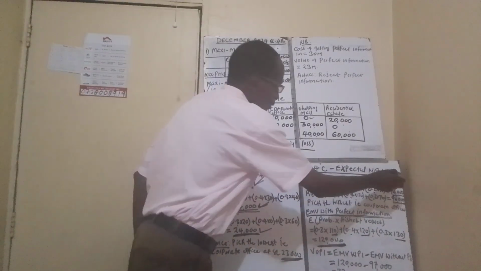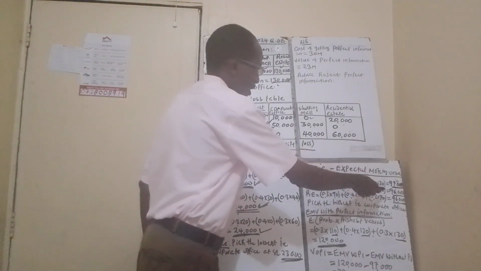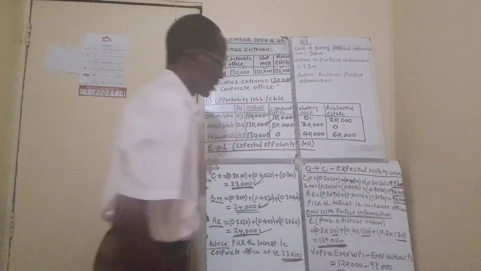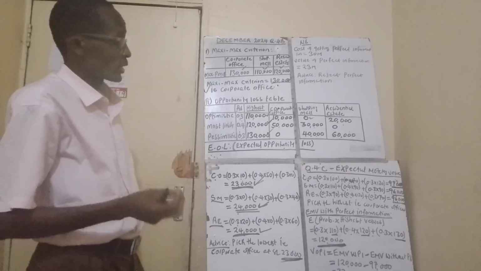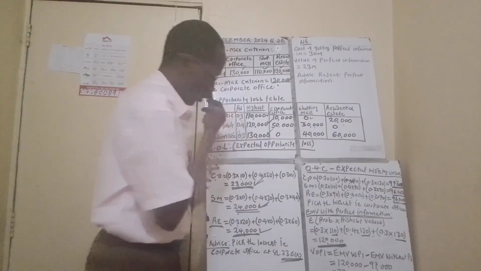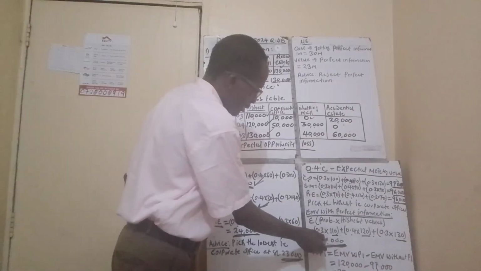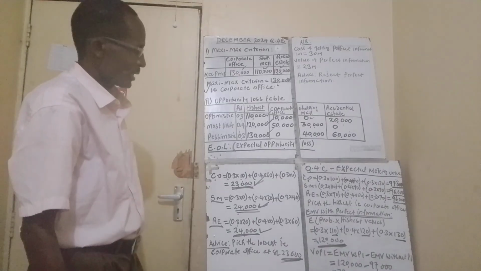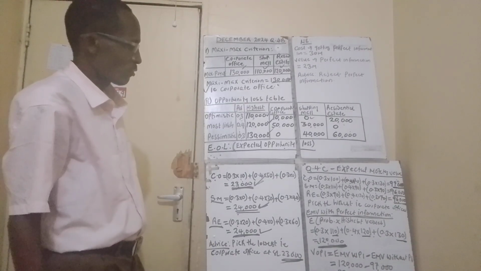Remember this 97 that we got where we started is the expected monetary value without perfect information. This 120,000 is the expected monetary value with perfect information.